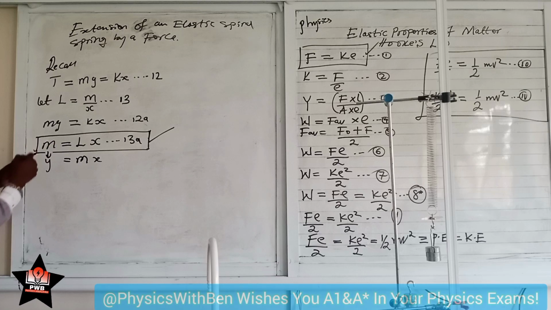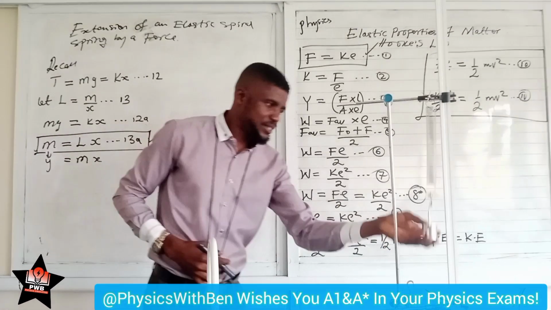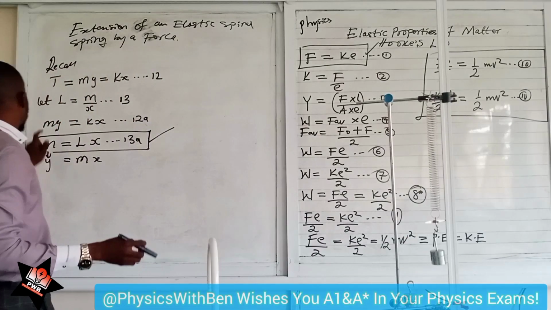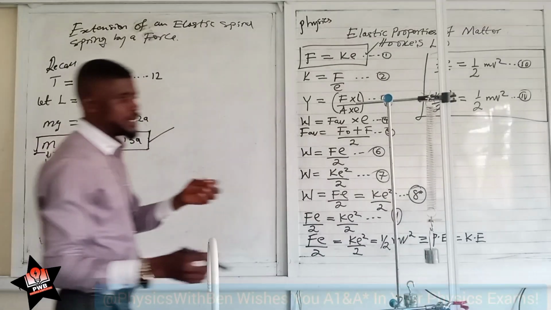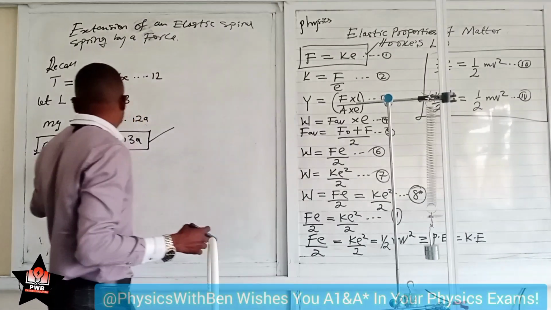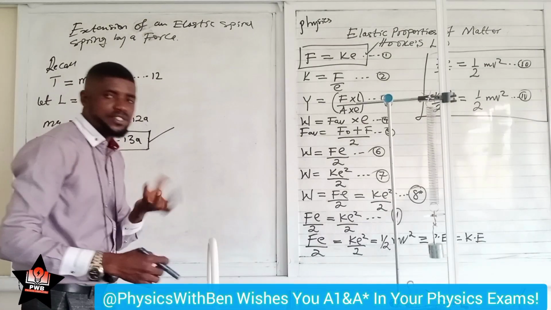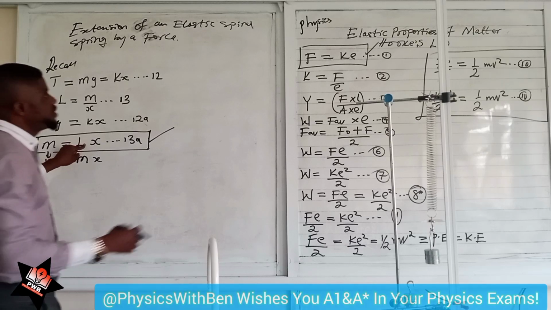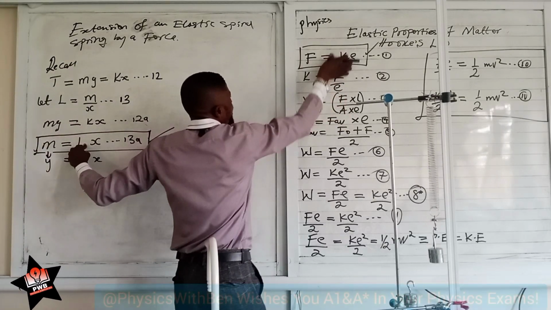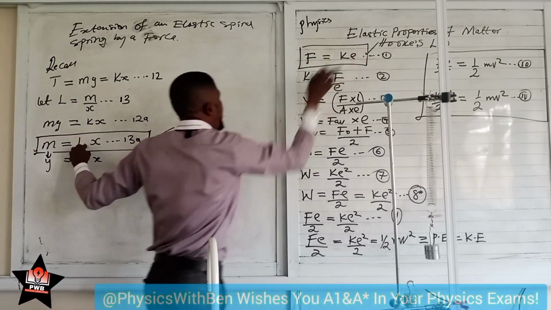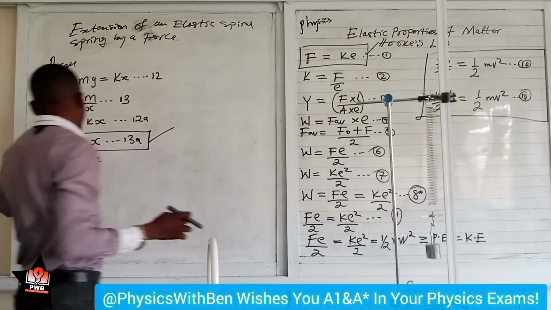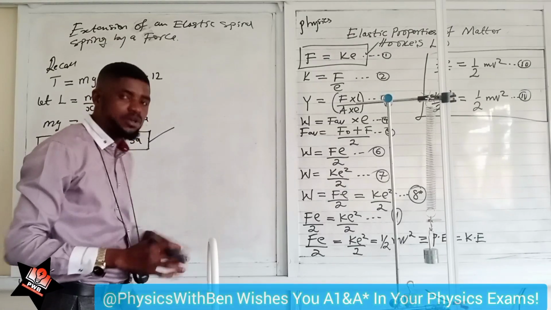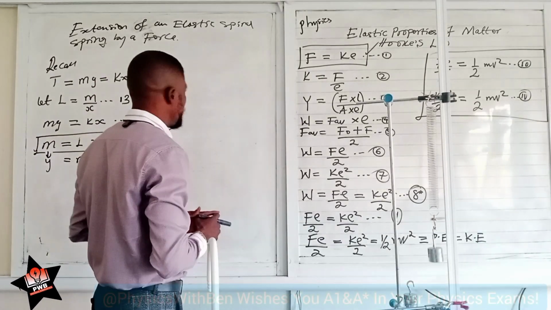M is the mass, the slotted mass on the spring, and L in this case stands for the stiffness or the softness of the material. L in equation 13 is the same thing as K in equation 1. K and L have the same meaning in this equation. So when you see them in various textbooks, don't be confused.